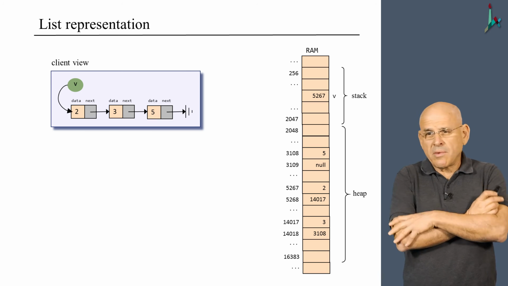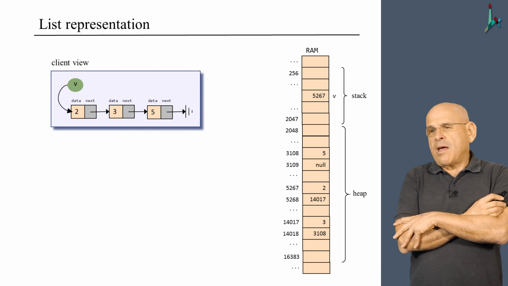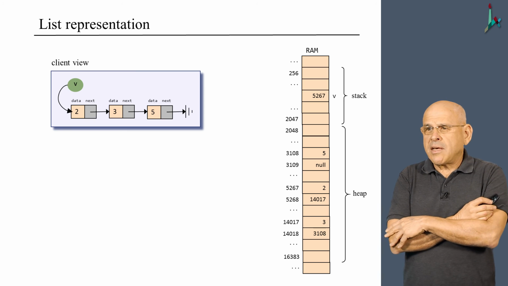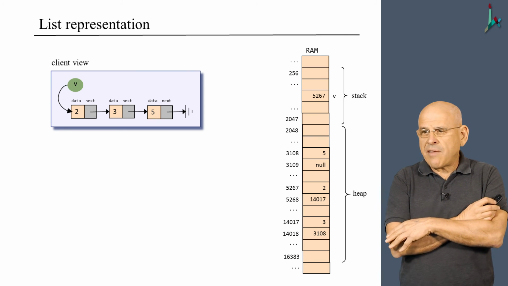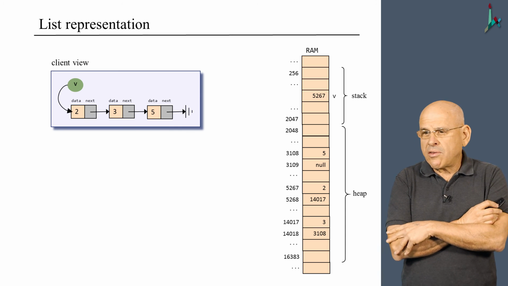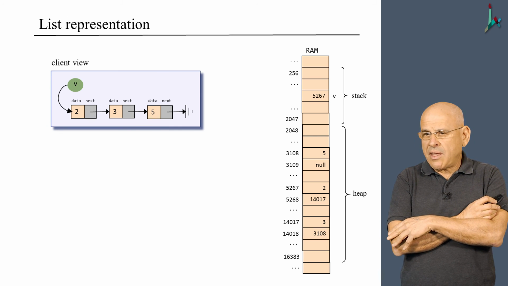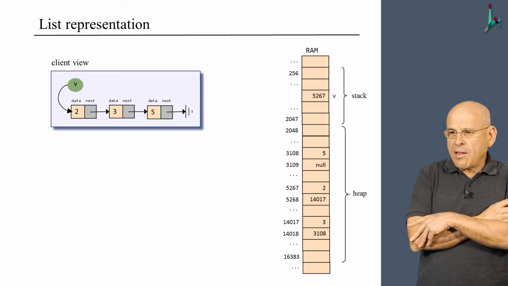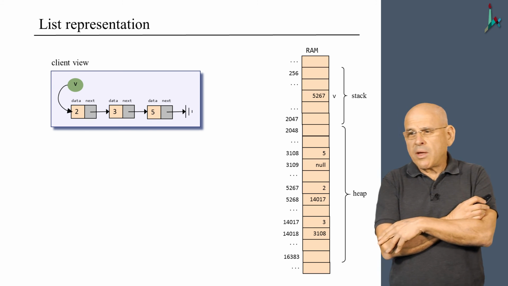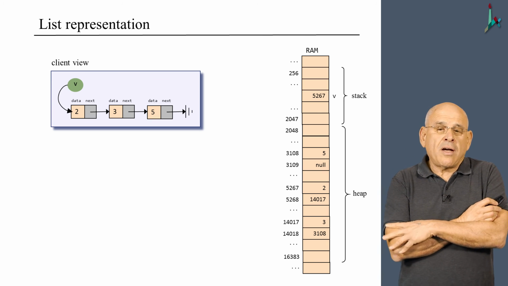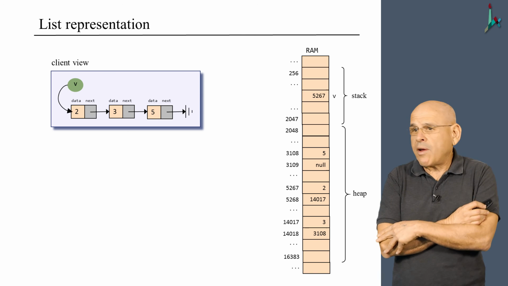It starts with, say, v, and v contains the address 5267. If we look at this address, we'll find the value 2 and a pointer to 14017. If we go there, we find the number 3 and a pointer to 3108. We go there, we find 5 and null. So that's how the list is stored in memory.